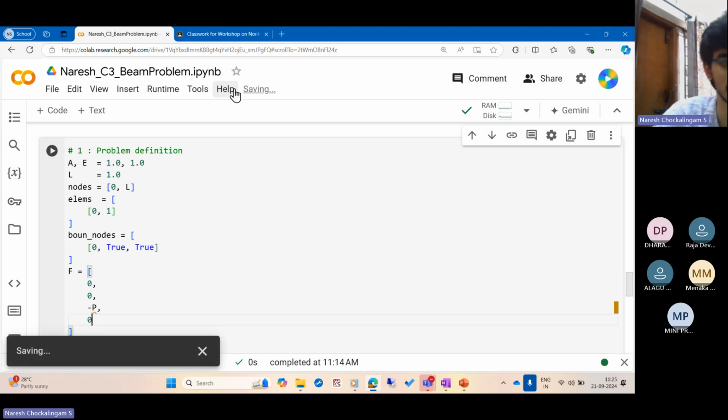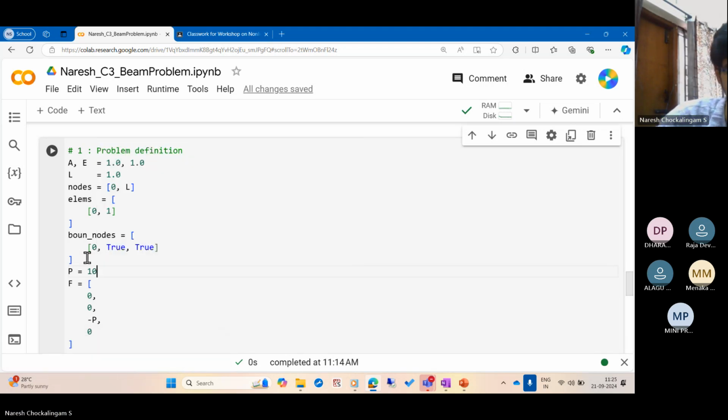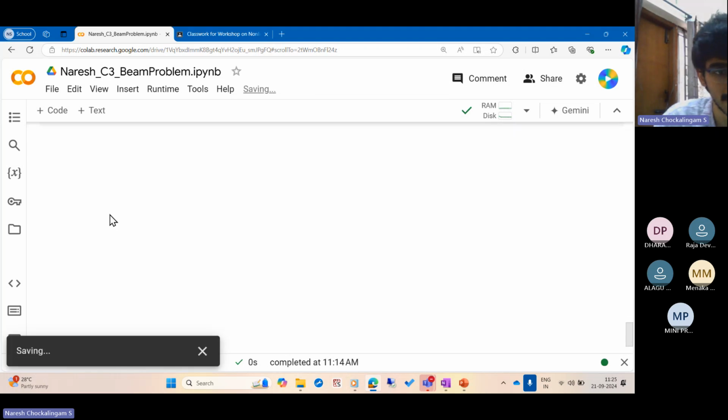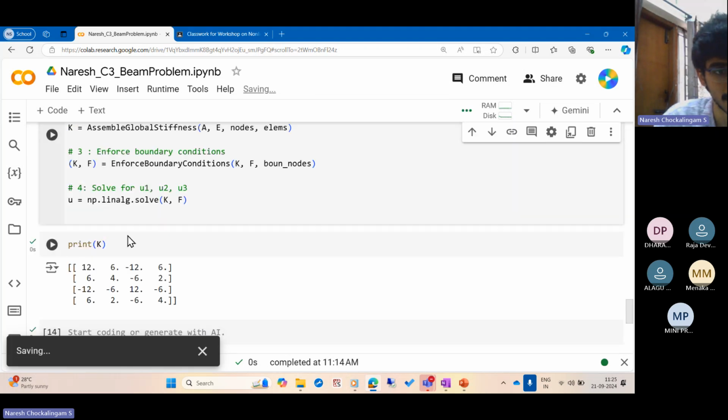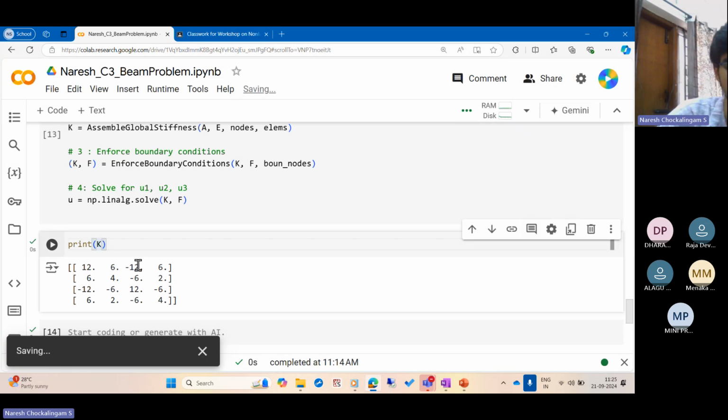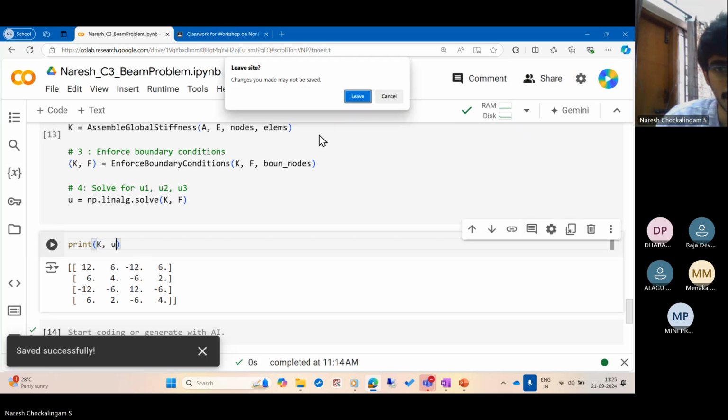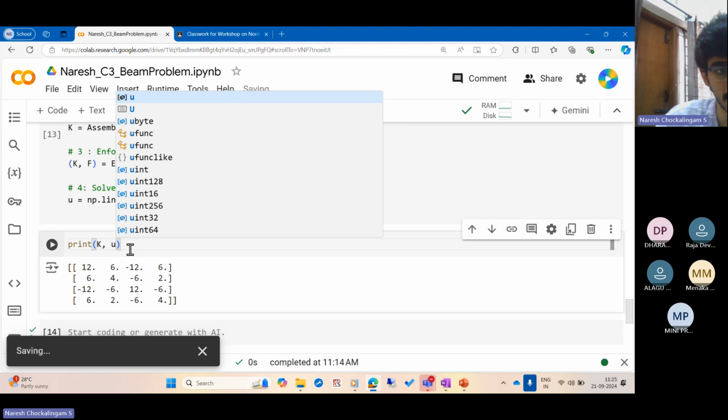We don't apply any concentrated moment. Now let me just define P as maybe 10. So we have everything, we can directly solve, right? So now let's print K and U.